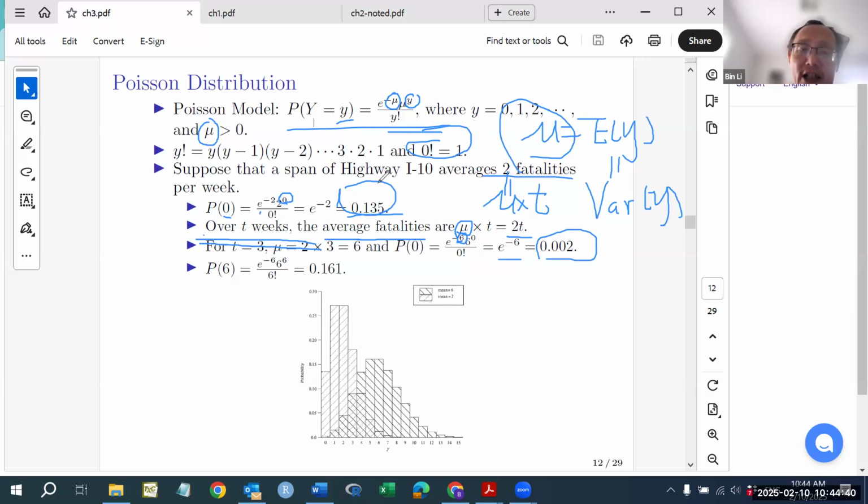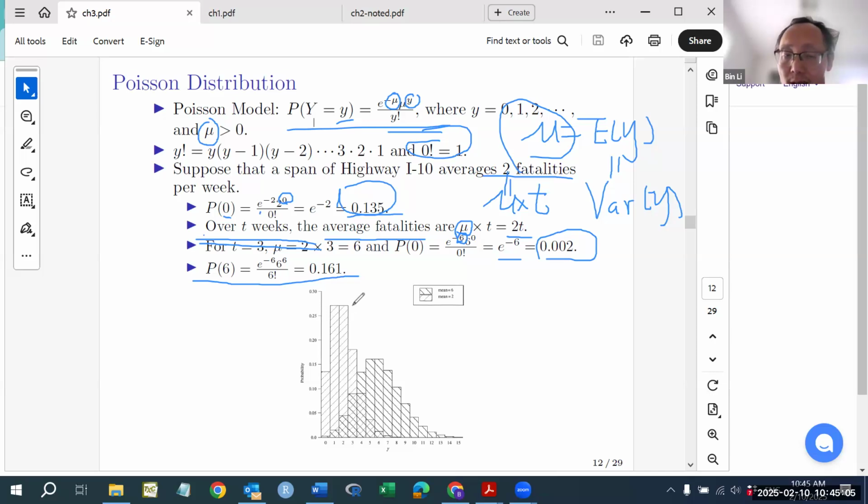And what is the chance of getting 6 fatal accidents over 3 weeks? That is e to the negative 6 times 6 to the power of 6 over 6 factorial. So that will be 0.161. And you can see at the bottom we have a plot.